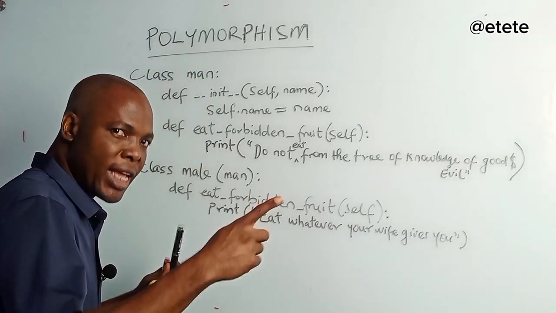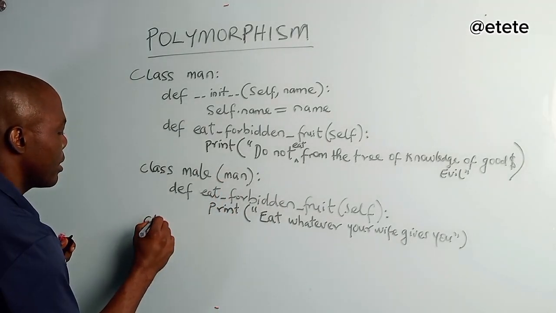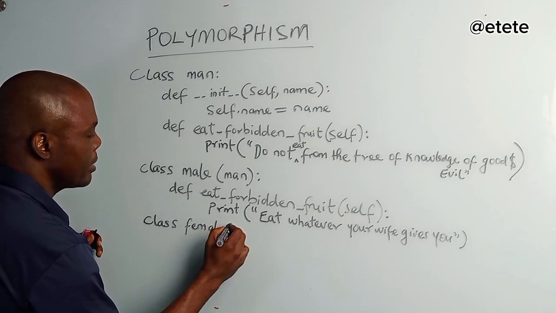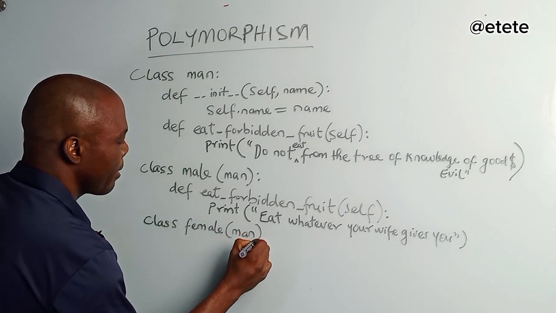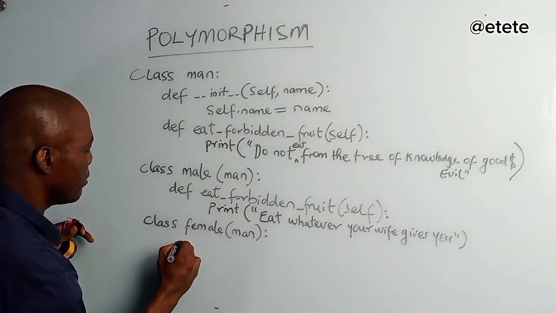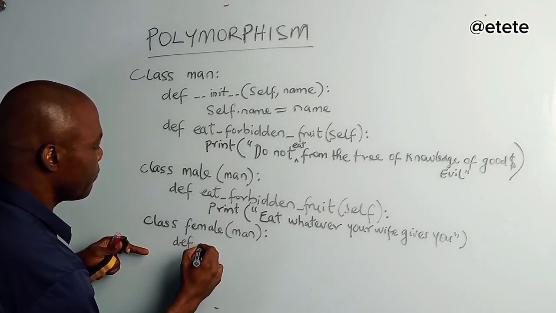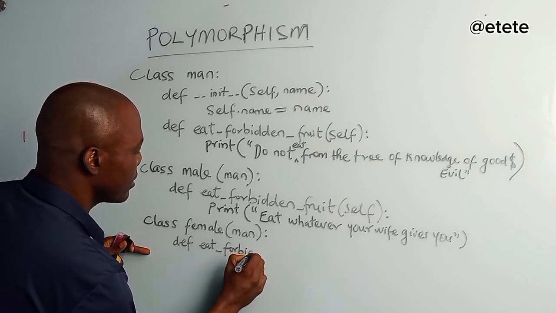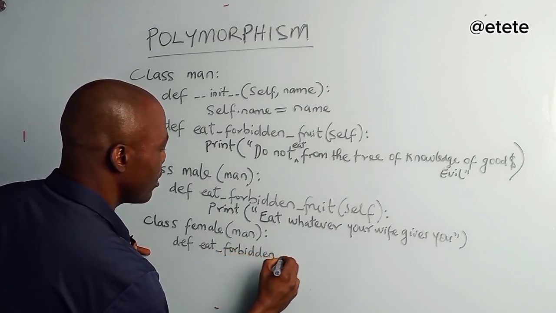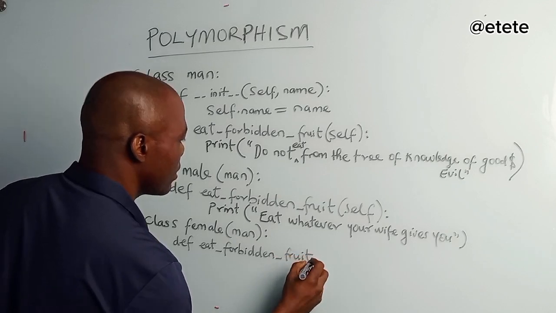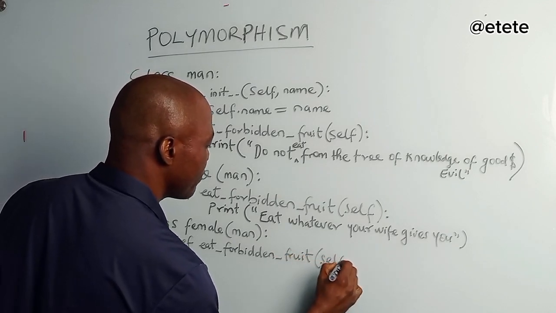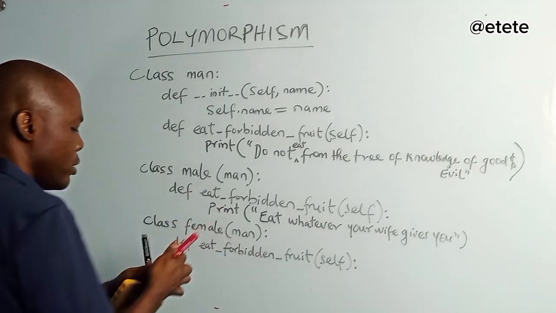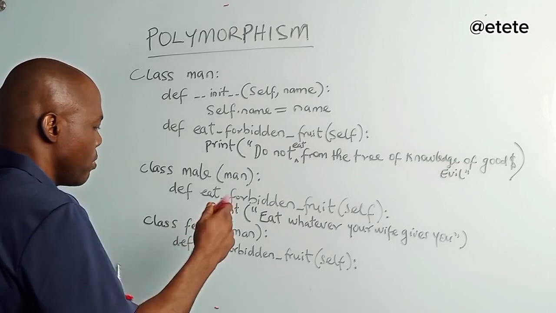Now I'm going to create another class, which is the female class. Class female, and the parent is man. Then I'm going to define this method too: def eat_forbidden_fruit, self. Now, inside this method, what will be written? Let me see if this red one will work.